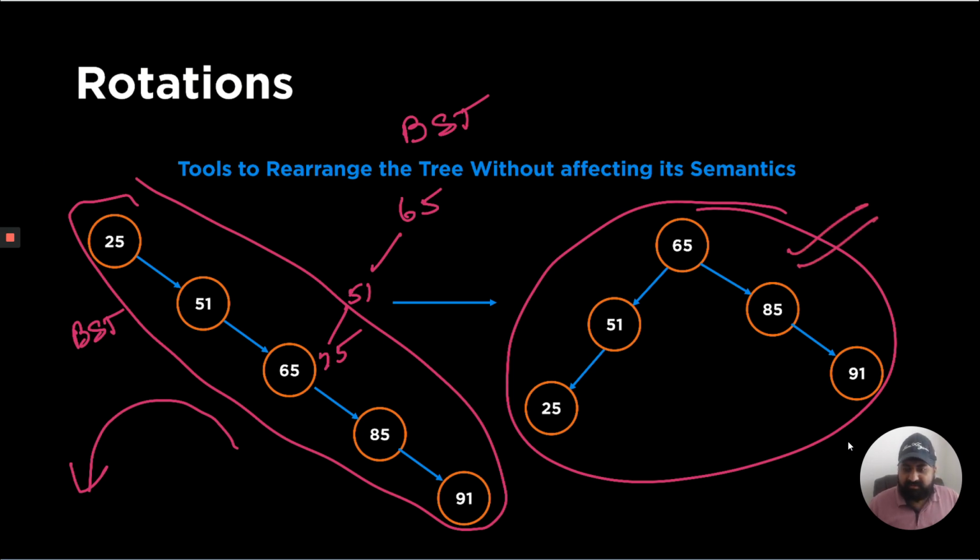But you can see that this new tree also satisfies the BST property: 51 is less than 65, and 25 is less than both 65 and 51. Similarly, 85 is greater than 65 and 91 is greater than 85 and 65. So the key here is the semantics. We do not want to change the semantics. We want the meaning to remain the same, but we want to reorient the tree.